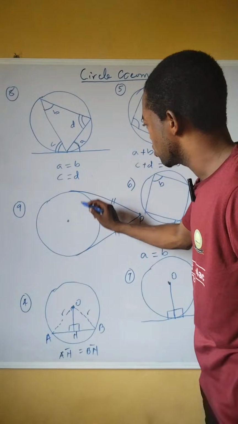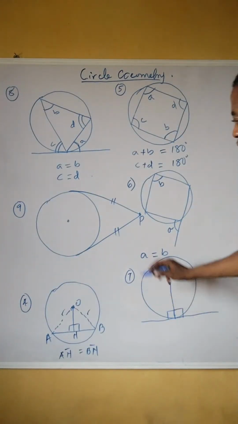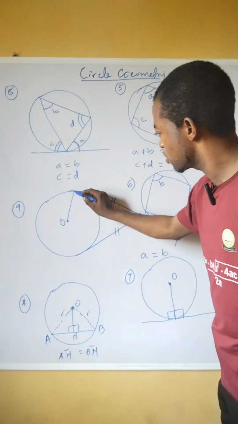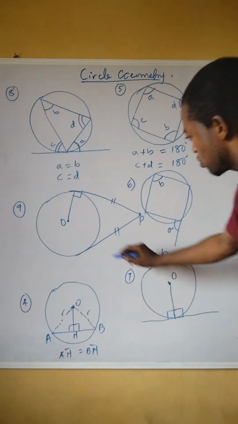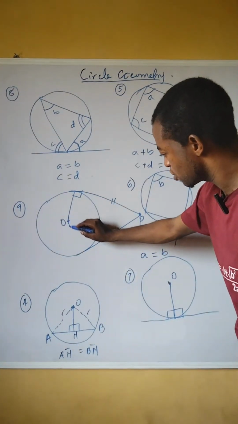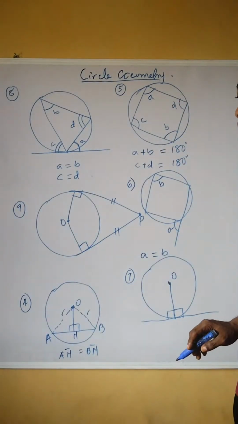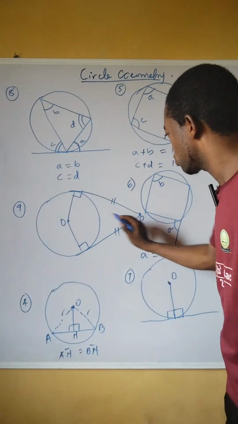And also, don't forget that from the previous theorem, a line drawn from the center O to the point of contact of this tangent is perpendicular to this tangent. And the same thing here, if you draw a line from the center to the point of contact here, it is perpendicular to this tangent. And the next one is that a line drawn from P to O.